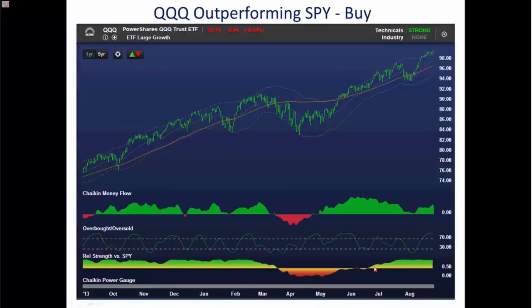And it started outperforming again in late June when the triple Qs were 92, and they rallied up to 100 on Friday. And they got oversold back here in early August with good money flow, and that was a great buying opportunity in the 94.5 area to get market participation in the right area of the market.